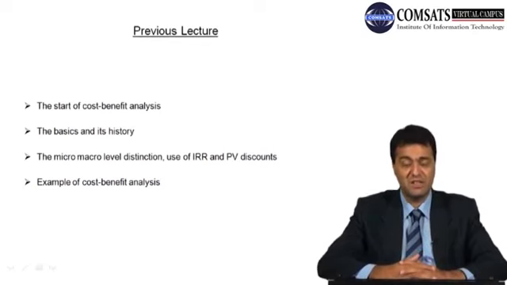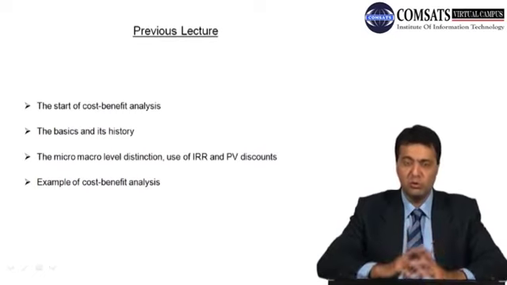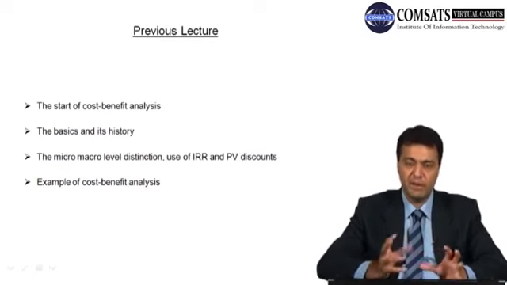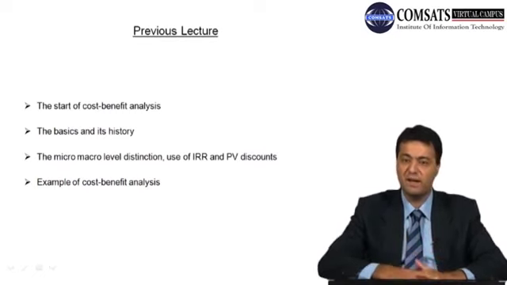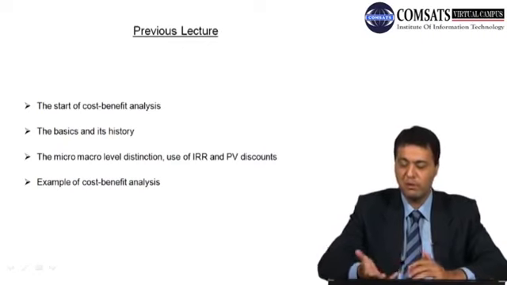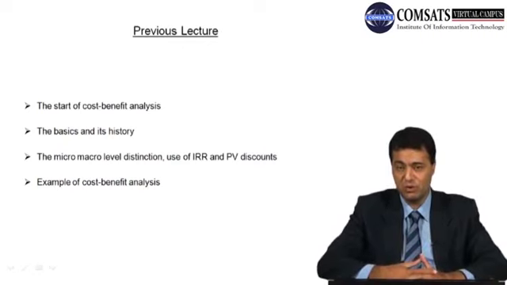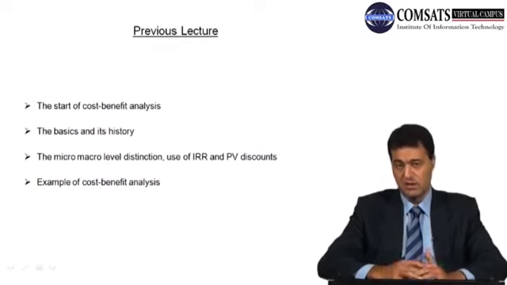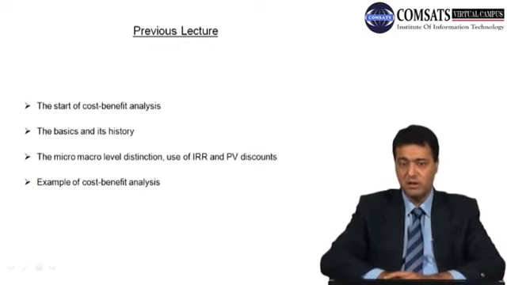Then the macro level distinction is a bit subtle. It's a bit challenging in the sense that you have to use the concept of opportunity cost in trying to decide which project to go ahead with. First of all, you use the opportunity cost concept to pick between the projects. Use IRR, net present value discount methods that we've already studied, and come up with a projection.